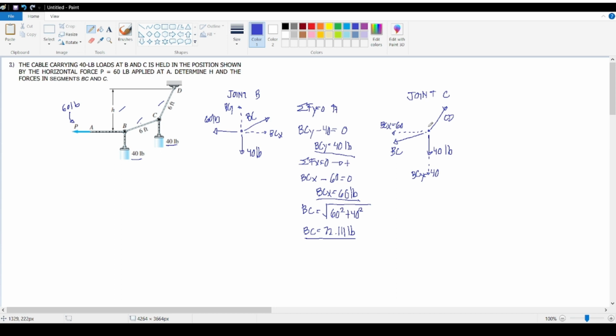To make things easier for us, let's also split CD into its components, CDY and CDX. Again, same procedure.